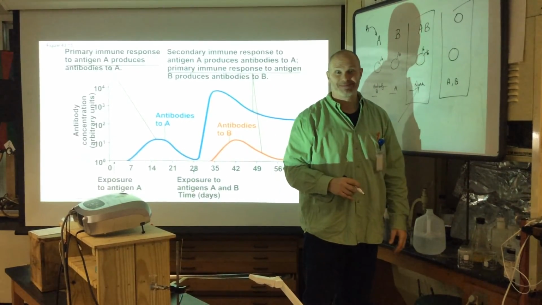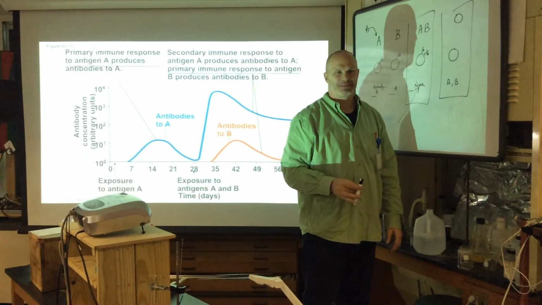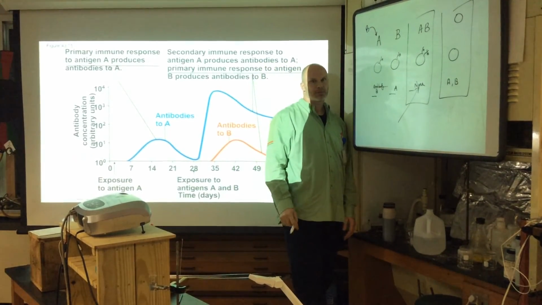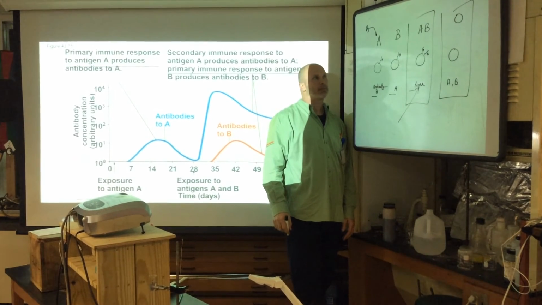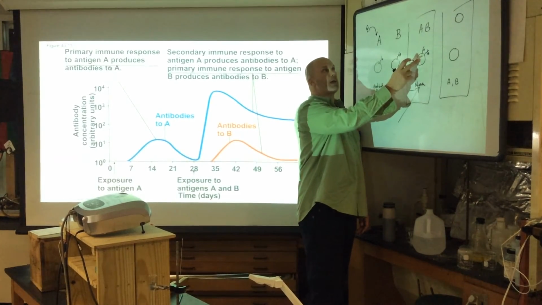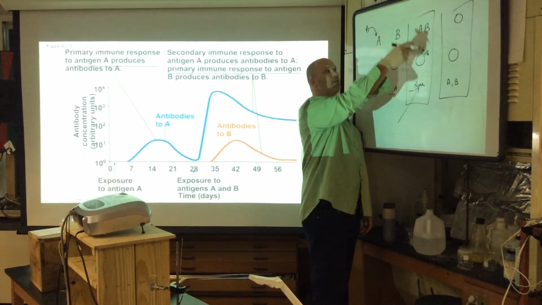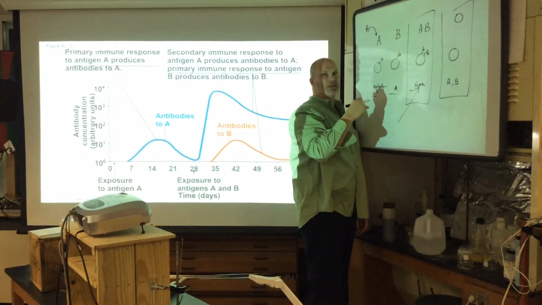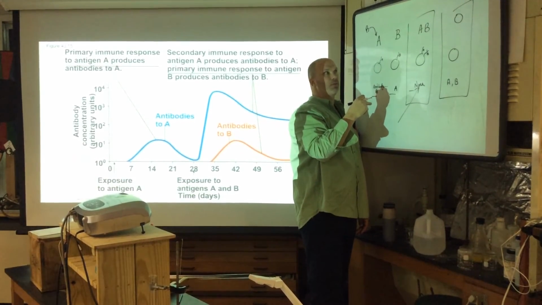Since the AB blood type has both A and B, if you had a blood transfusion with only type A blood, wouldn't it work only halfway? Remember, this is the recipient. Okay, this person can receive. Yeah, but would it work as well as if the recipient got blood type AB?